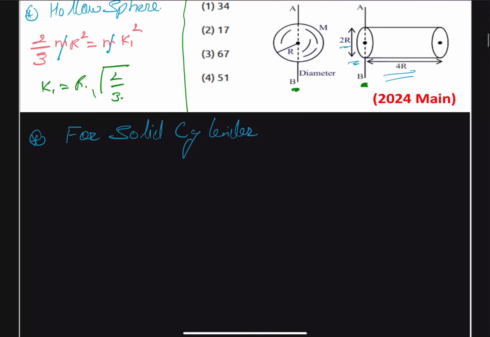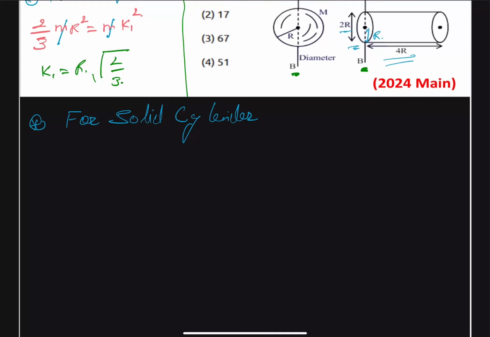Therefore, we can write that the diameter is 2r, therefore its radius will be equal to r, and so we can say that mr square by 4 plus we have this as m by 3, and the distance is 4r whole square.